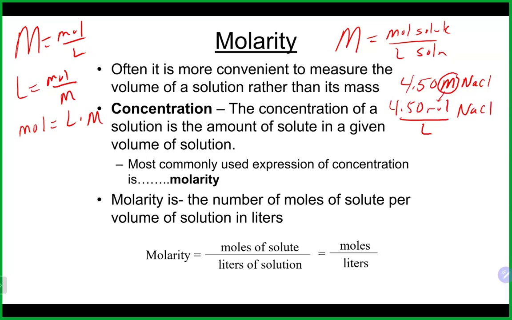You could also use this really as a conversion factor. So if you needed to, you could flip it around on its head and put the liters on top, and you could have 4.50 moles of sodium chloride there. And again, the reason you really should get rid of the big M when you're doing calculations is that most people, when they see the big M, have absolutely no idea where the volume is, or that there is even volume involved here.